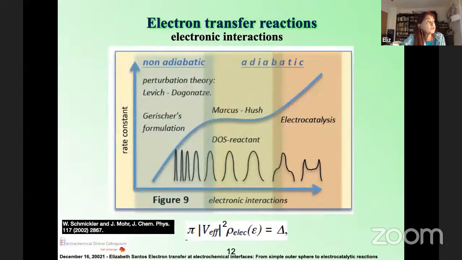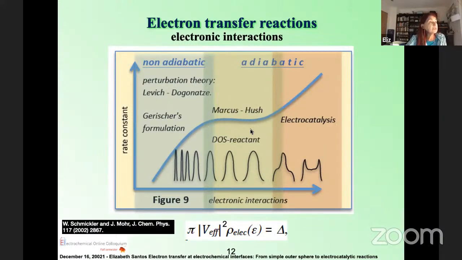Another very useful classification of electron transfer reactions is according to the electronic interaction between the reactant and the electrode. We have a range here where the interactions are very, very low, and the rate constant depends on the material.